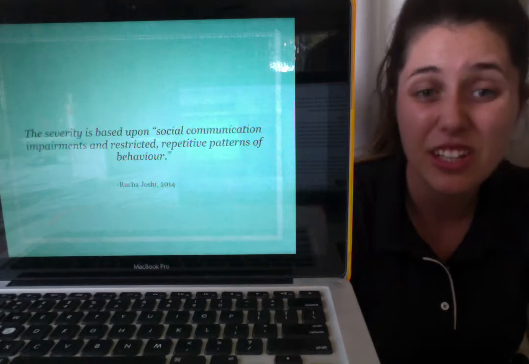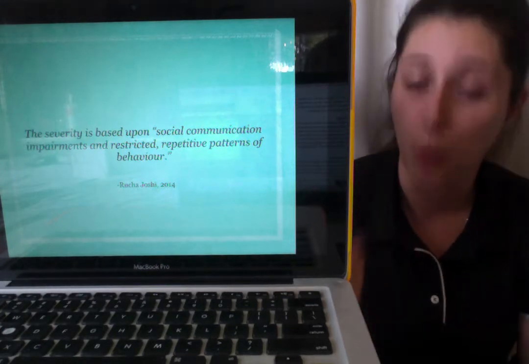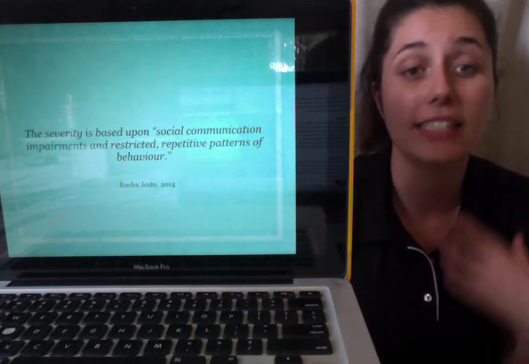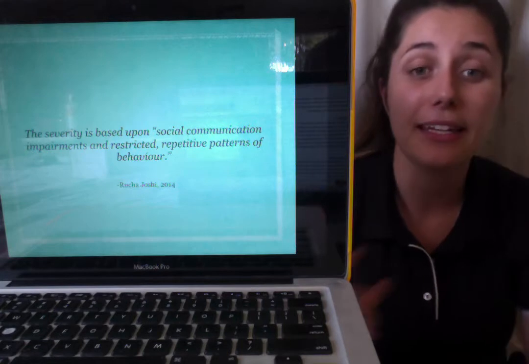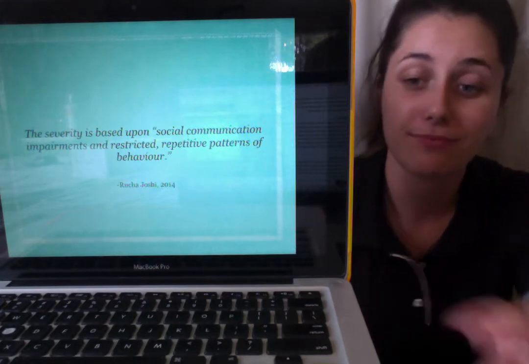The criteria used to diagnose the level of ASD includes level 1, requiring support, as I said. Then level 2, requiring substantial support. And then level 3, requiring very substantial support.